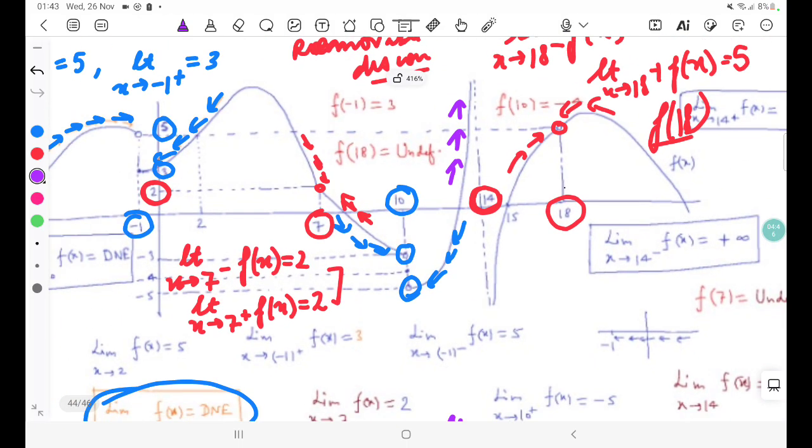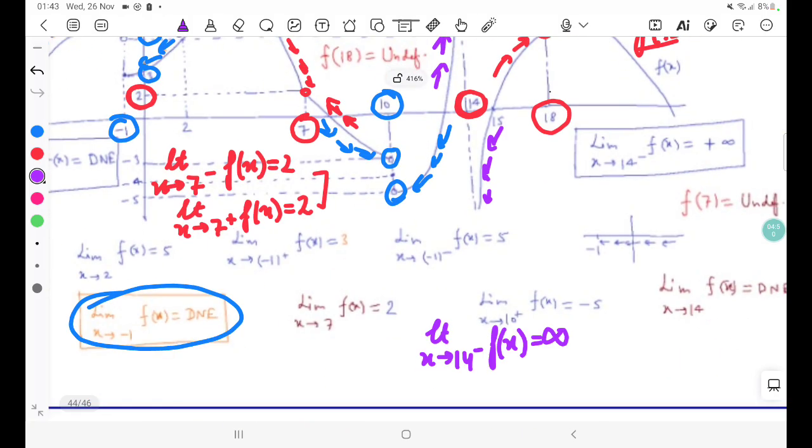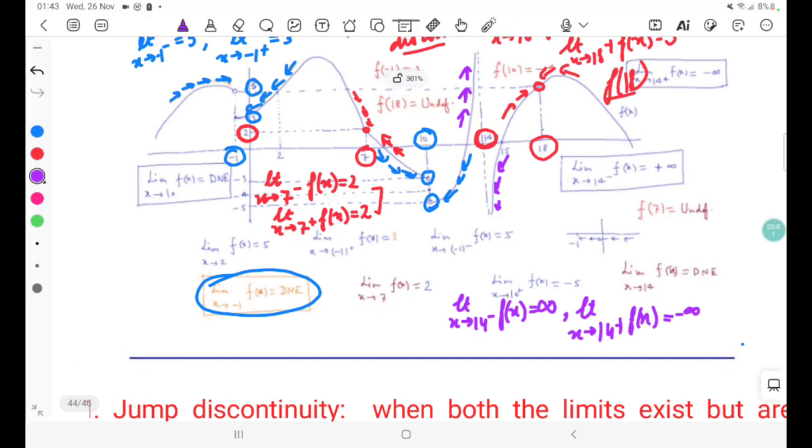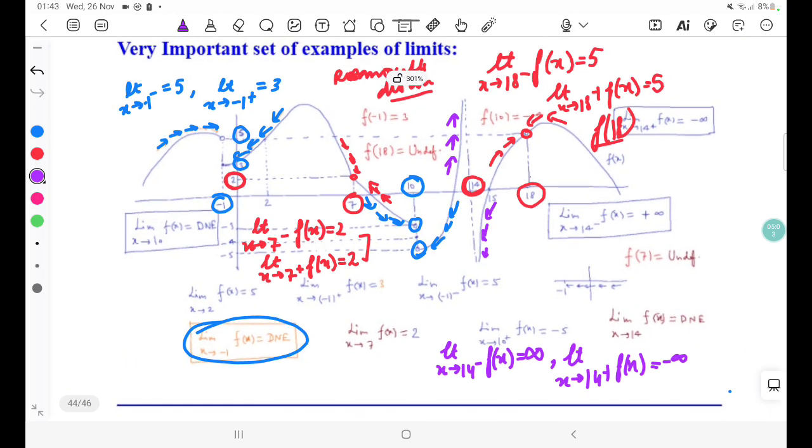And from the right hand side, the value goes down to minus infinity. The limit as x approaches 14 from the positive side goes to minus infinity. So here we notice that the limit at x = 14 does not exist, right?